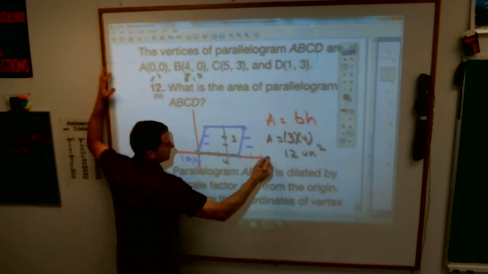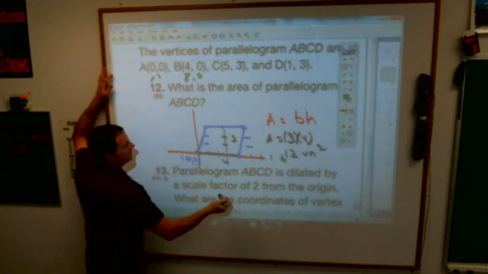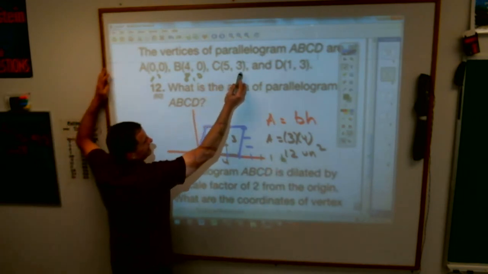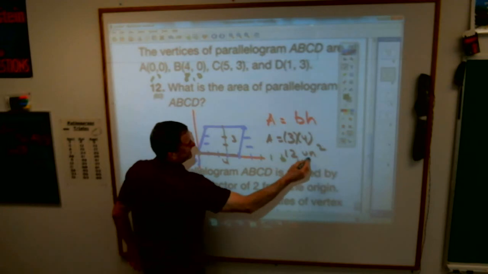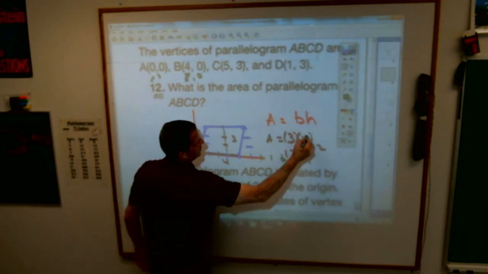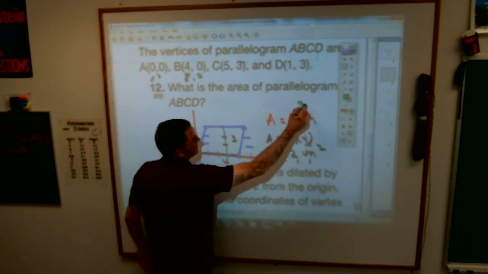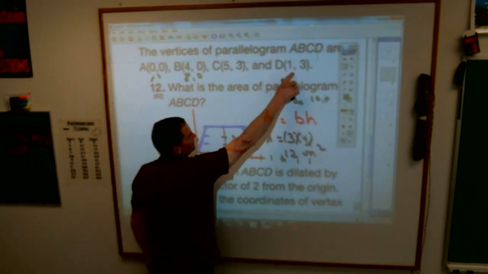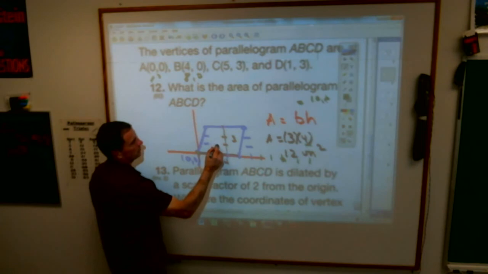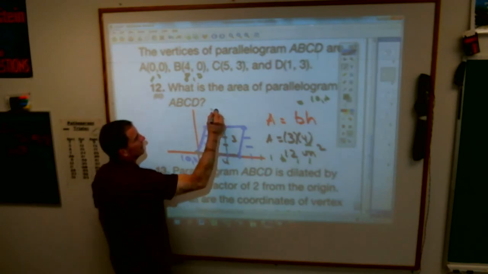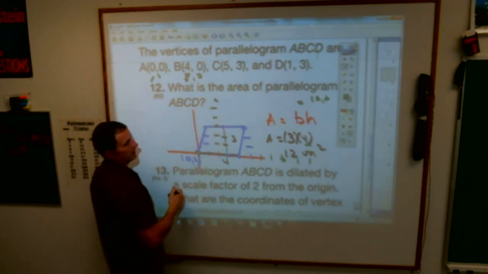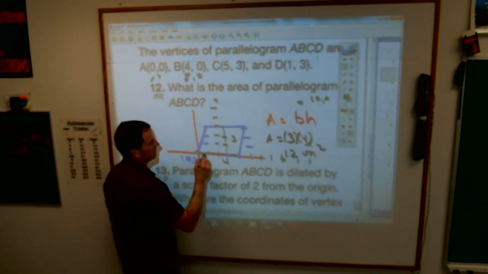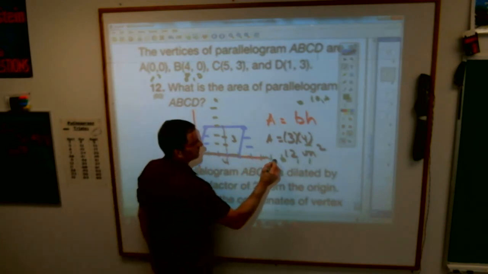I multiply this by 2, I get 10, 6. And I multiply these by 2, I get 2, 6. My bigger parallelogram looks like this.